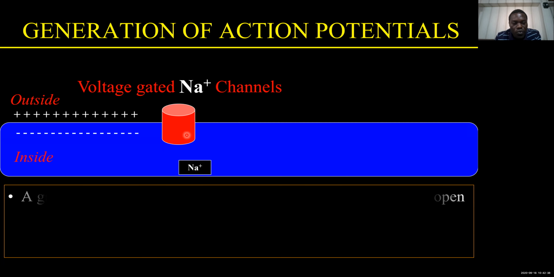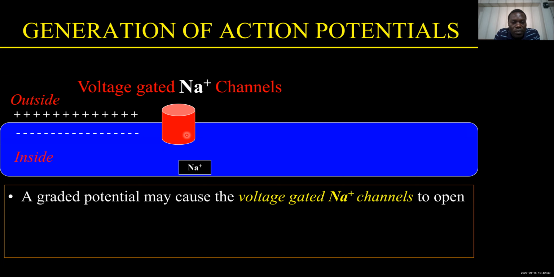Now, if we have a graded potential, that causes disturbance on the resting membrane potential, that means that that graded potential is causing some voltage disturbance of the cell membrane.